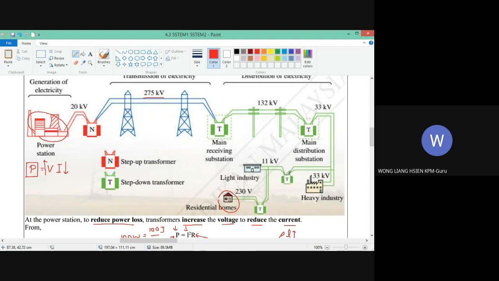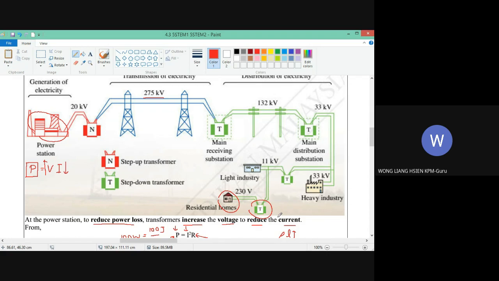The branch substation will lower the voltage some more, and then it goes to the residential area. There will be a small substation, usually like a junction box, a small electric box along every block of your taman, like terrace houses. One row of houses will have one box that can decrease the voltage until 240 volt, or in this case 230 volt. Okay, you get the idea.